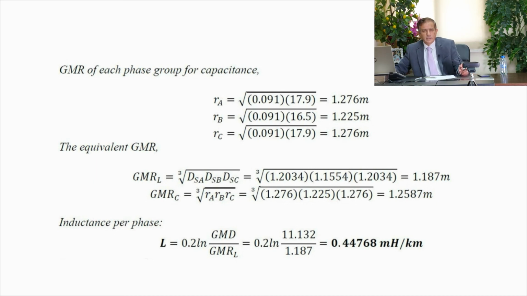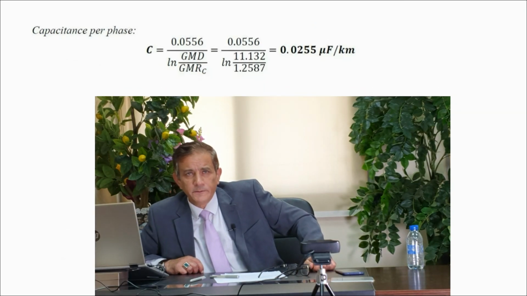So far everything is clear, or is anything not clear with the geometrical mean radius? Now for the capacitance, it's the same thing. You see this 0.0556. Again, it's the multiplication of 2 pi times epsilon. Epsilon is 8.85 times 10 to the minus 12.